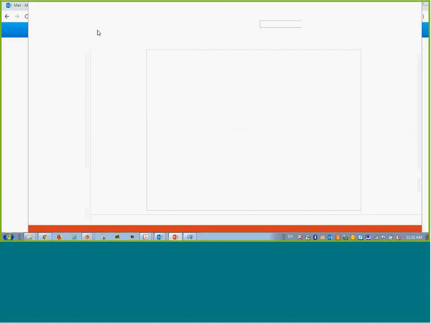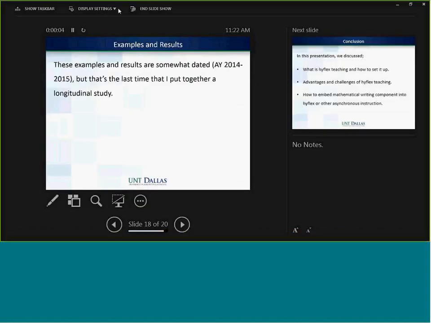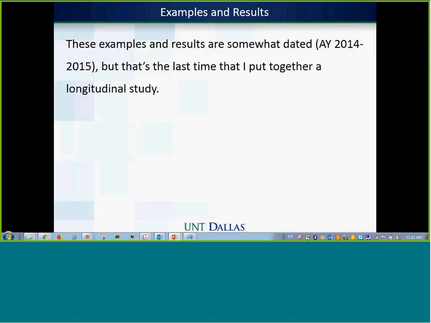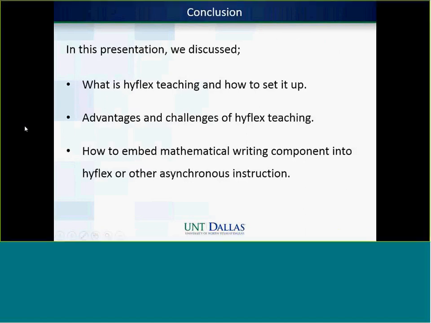So, in conclusion, we discussed all these: Hyflex teaching, how to set up, share the canvas, and how the before and after class videos are set up to help the students with appropriate skills, and then advantages and challenges, and particular emphasis on mathematical writing.